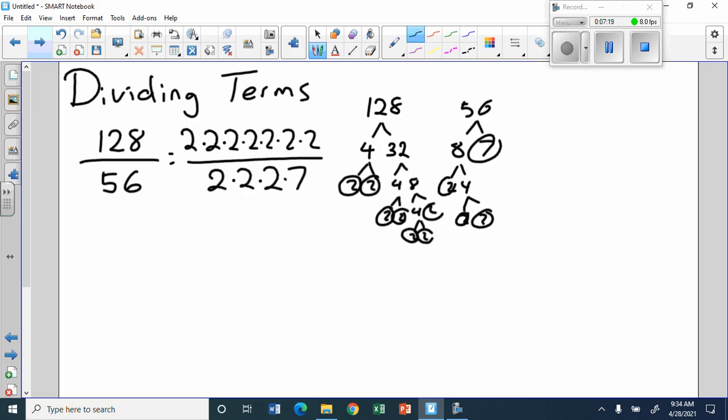And then how would we simplify that? Yeah, because we can cancel factors. So what we're going to do is we're going to cancel factors. 2 becomes 1, 2 becomes 1, 2 becomes 1, 2 becomes 1. 2 times 2 is 4, 4 times 4 is 16. This becomes 16 over 7. We'll just keep it improper right now.